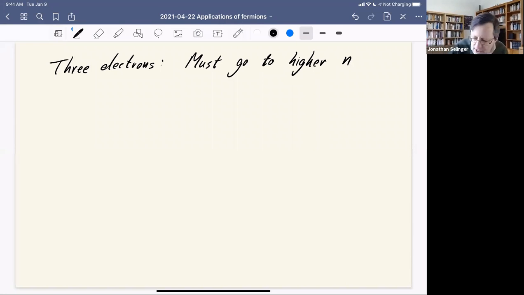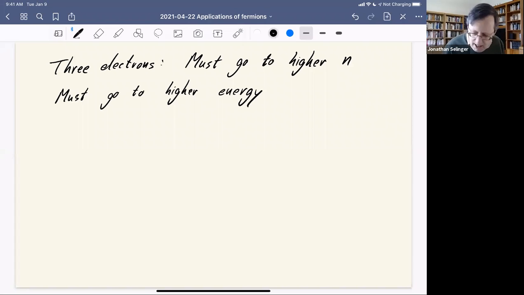And that's because you can't make an antisymmetric spin state, right? Where all the electrons have the same position state. Okay. So you need to go to higher n. So you must go to a higher energy.